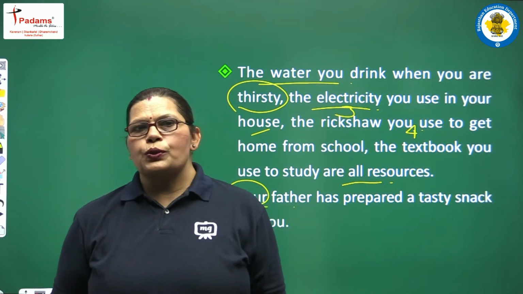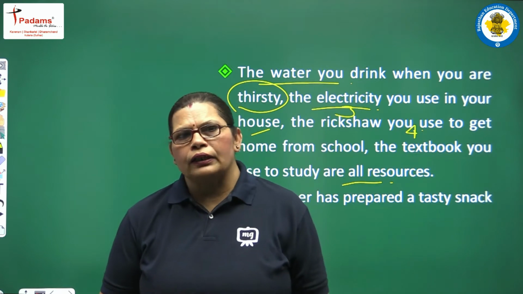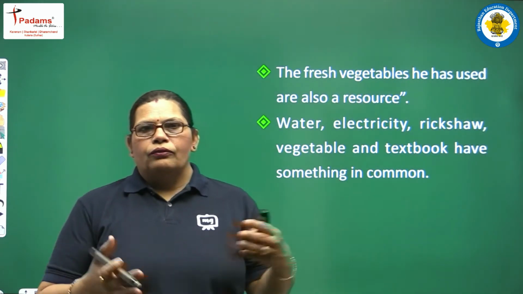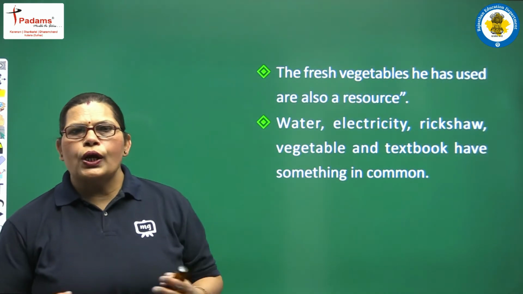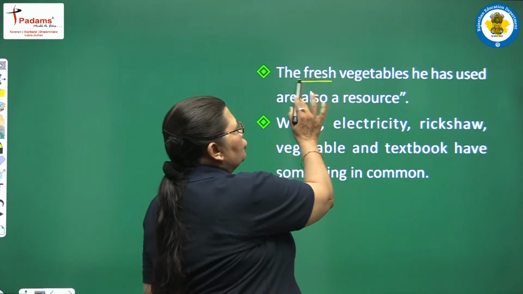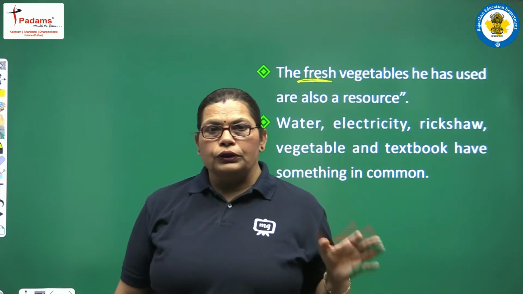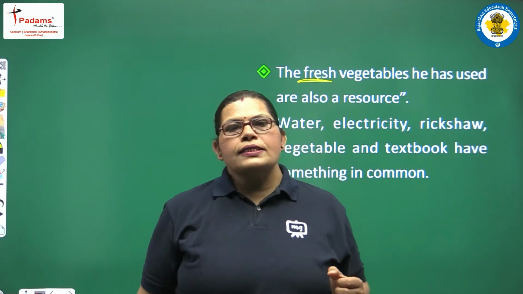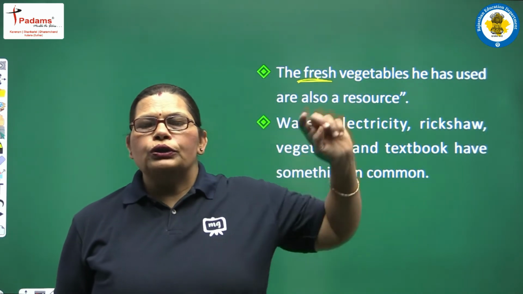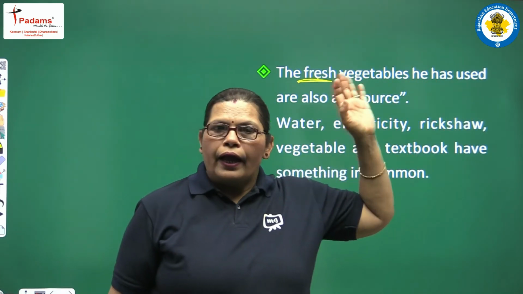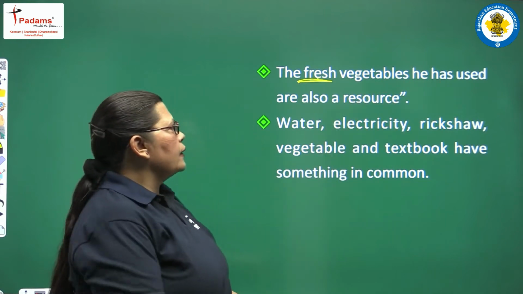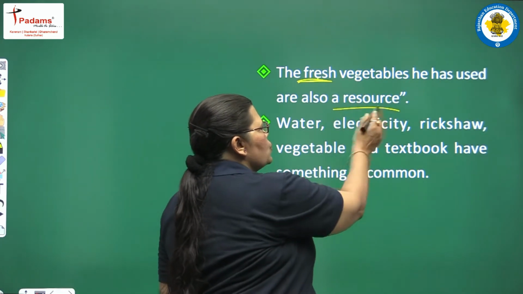He has prepared a snack, children, so is this snack also a resource? We will identify that. The fresh vegetables he has used are also resources. For preparing snacks, father used some vegetables also, and vegetables are the best source of resources.